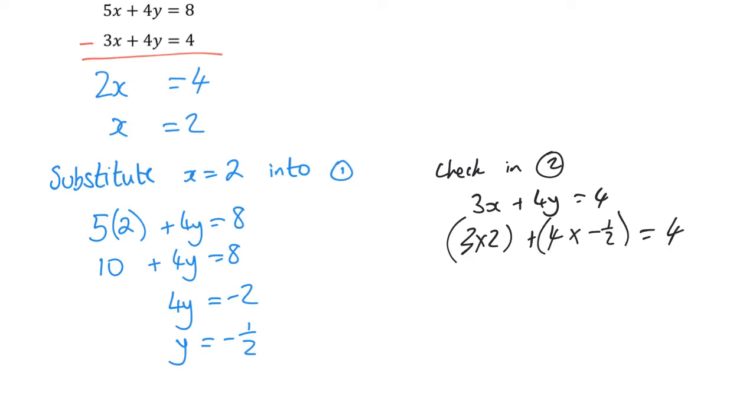And that should equal 4. Let's see if it does. So 3 times 2 is 6. 4 times minus a half is minus 2. So we get 6 minus 2 equals 4, which is right. So our answer is x equals 2 and y equals minus a half.